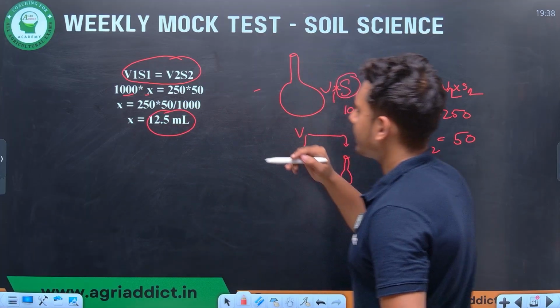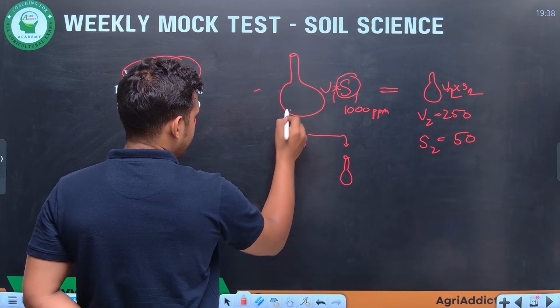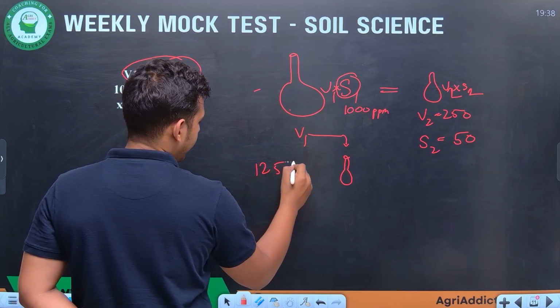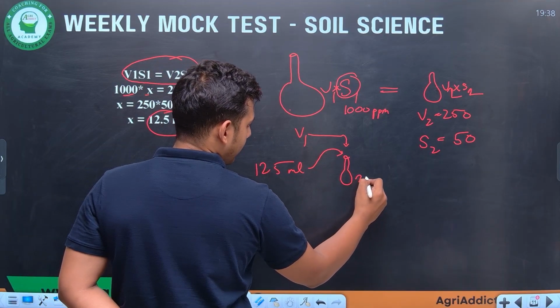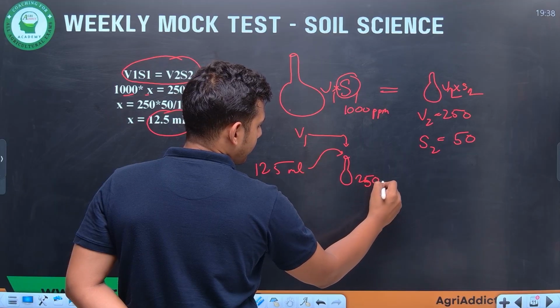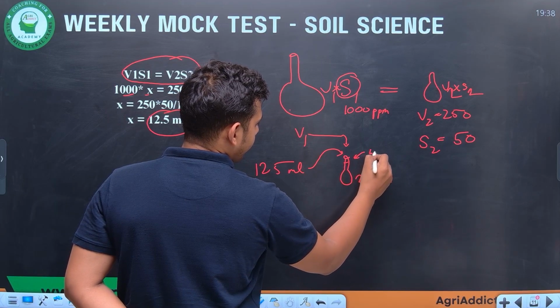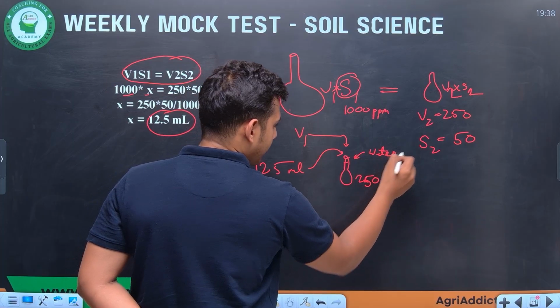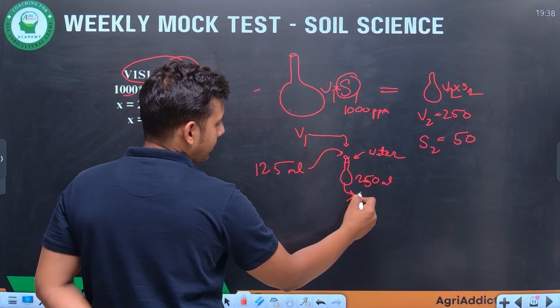So by this we get that 12.5 ml from this stock solution. If we take this into the volumetric flask of 250 ml, then make up the volume with water to 250 ml, the concentration of that will be 50 ppm.